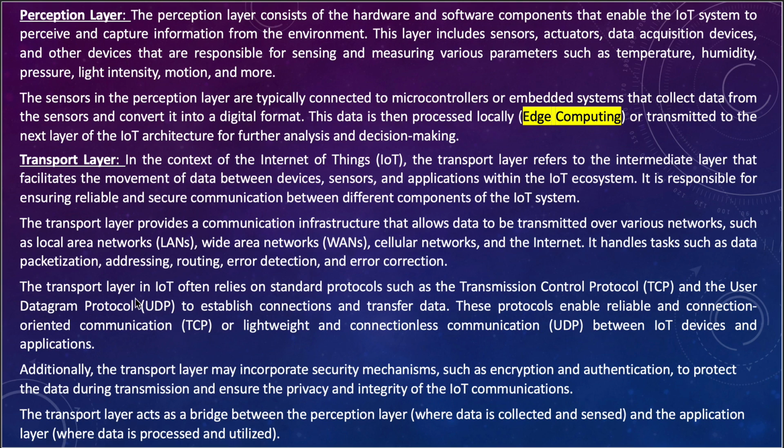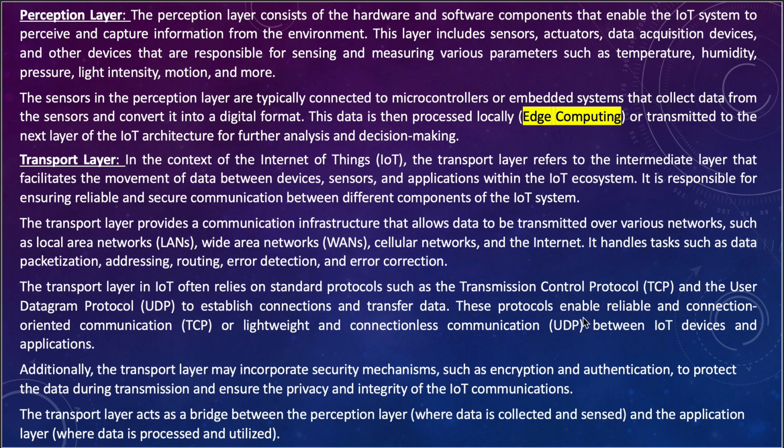The transport layer in IoT often relies on standard protocols such as the transmission control protocol (TCP) and the user datagram protocol (UDP) to establish connections and transfer data.